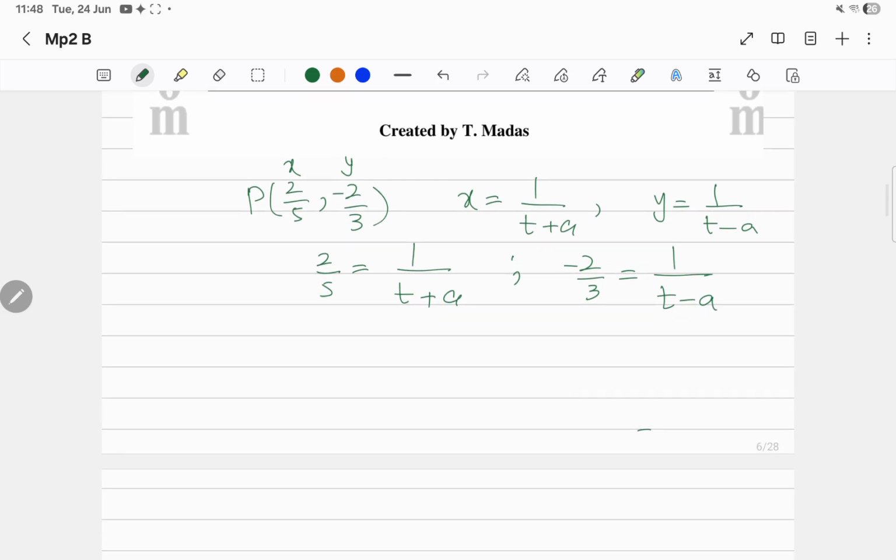Okay, so if you apply the reciprocal on both sides, then it will be 5 over 2 equals t plus a, and minus 3 over 2 equals t minus a.